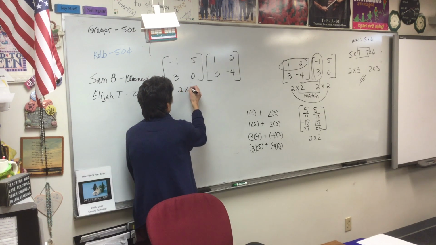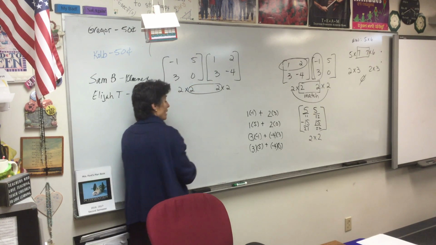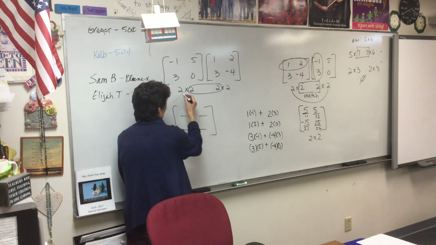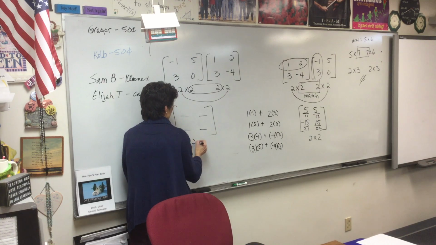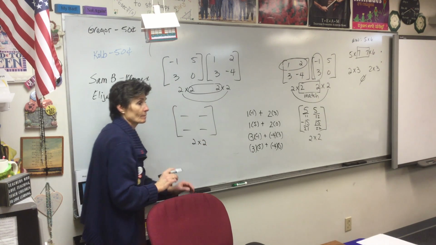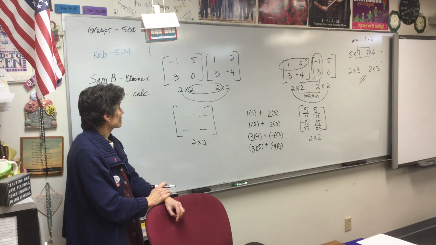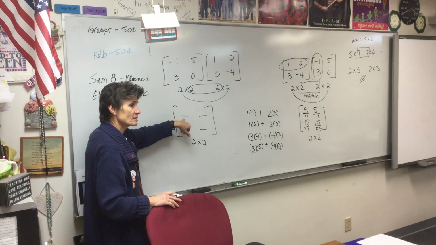So this one's a 2 by 2 and this one's a 2 by 2. Good news is we can multiply and the answer will be a 2 by 2. Remember, these guys tell me the size of my answer, the dimensions of my answer. And I know we've only done one, but you remember how to get this guy right here?